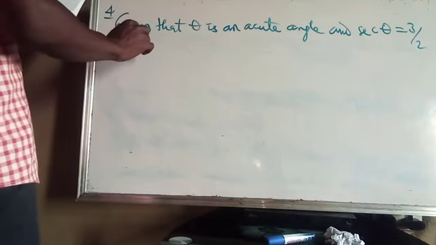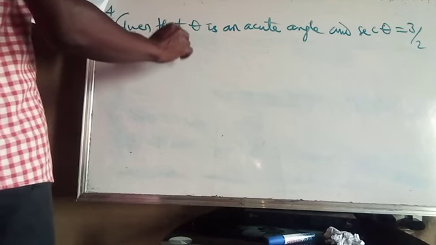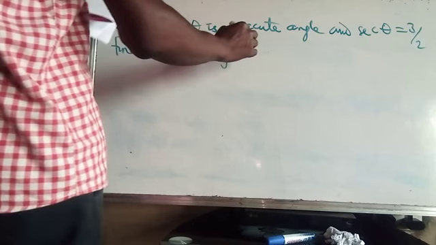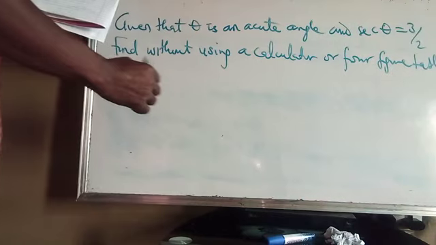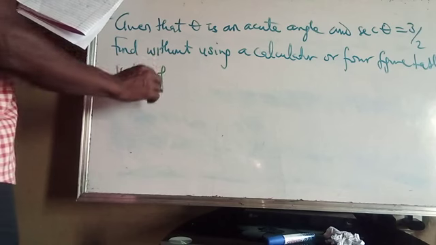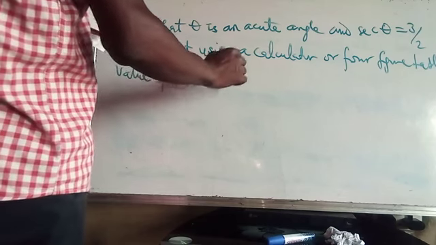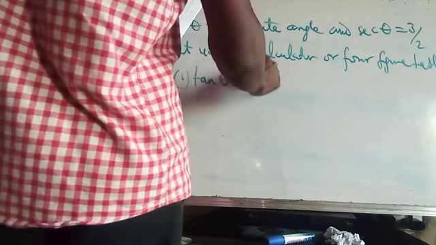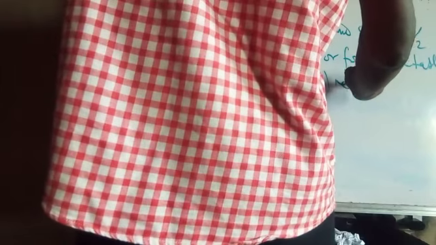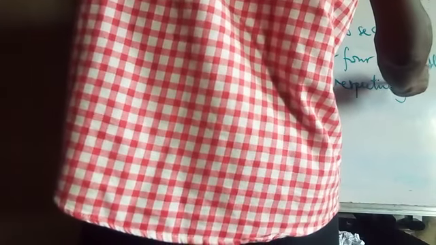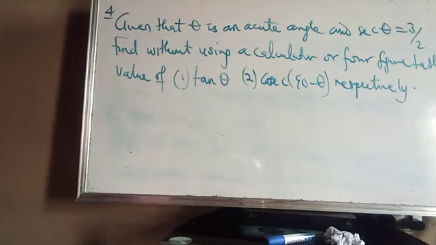Find, without using a calculator or 4-figure table, the value of 1, tan theta, 2, cosec 90 minus theta, respectively.